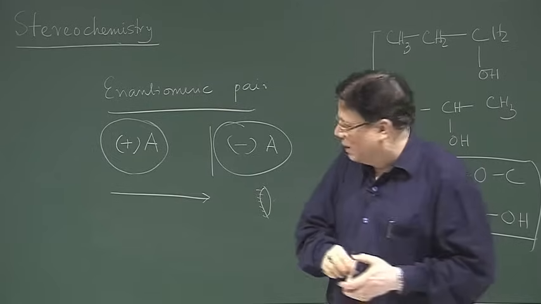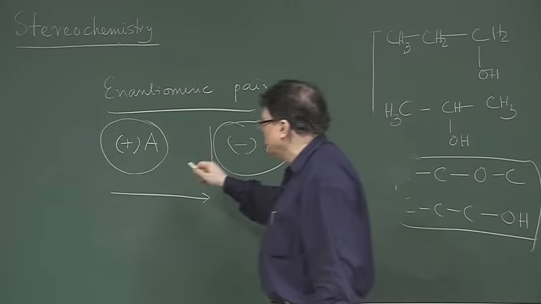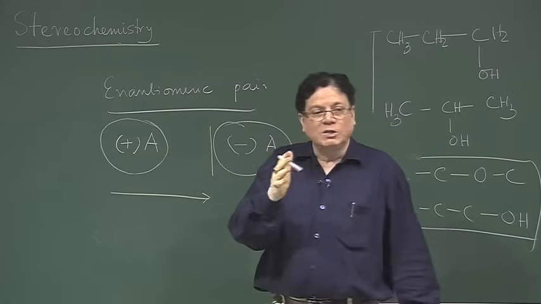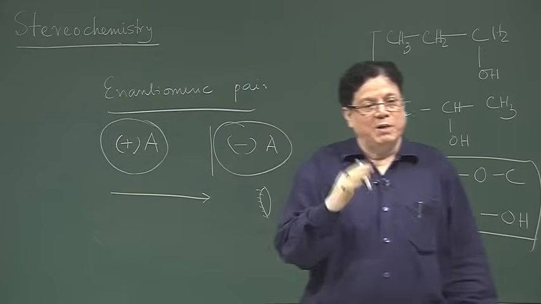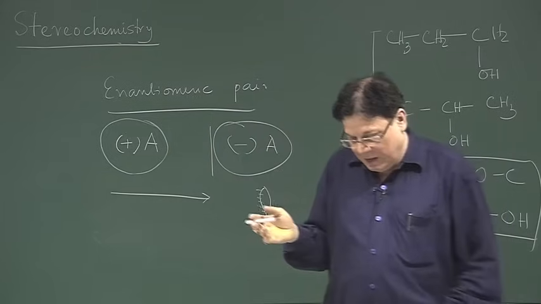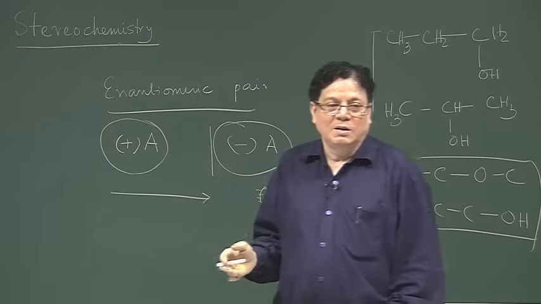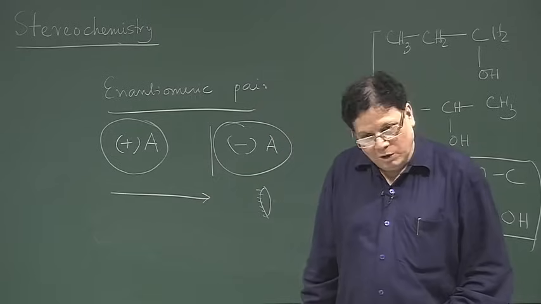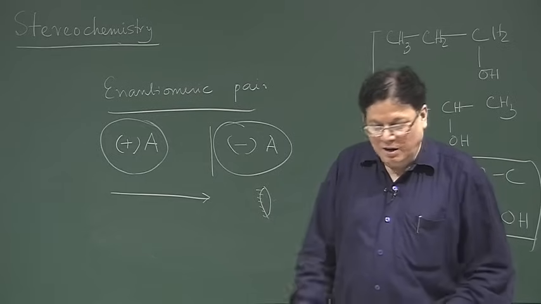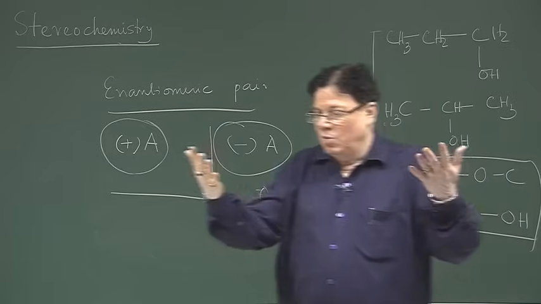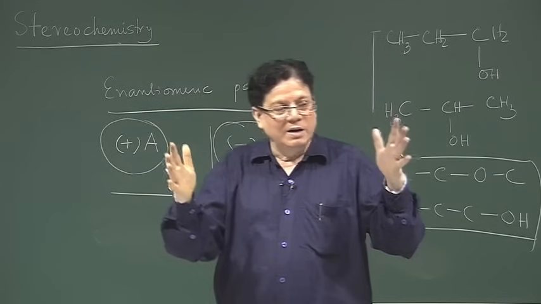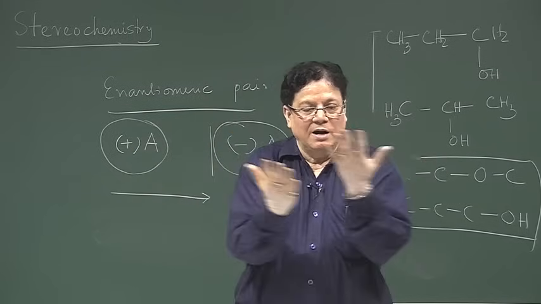Another terminology is that molecules which can rotate the plane of plane polarized light, earlier I said they are optically active compounds, are also called chiral molecules. Chiral molecules, like these two hands: one hand is the mirror image of the other, but they are not superimposable.